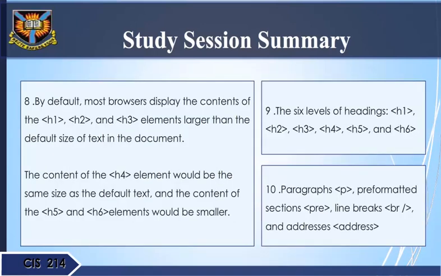8. By default, most browsers display the content of the H1, H2, and H3 elements larger than the default size of text in the document. The content of the H4 element will be the same size as the default text, and the content of the H5 and H6 elements will be smaller. 9. The 6 levels of headings are H1, H2, H3, H4, H5, and H6. 10.